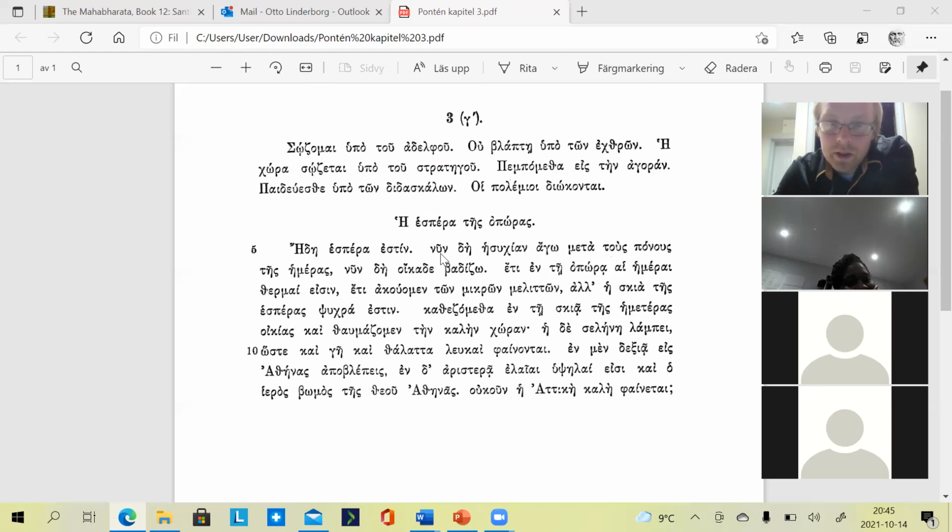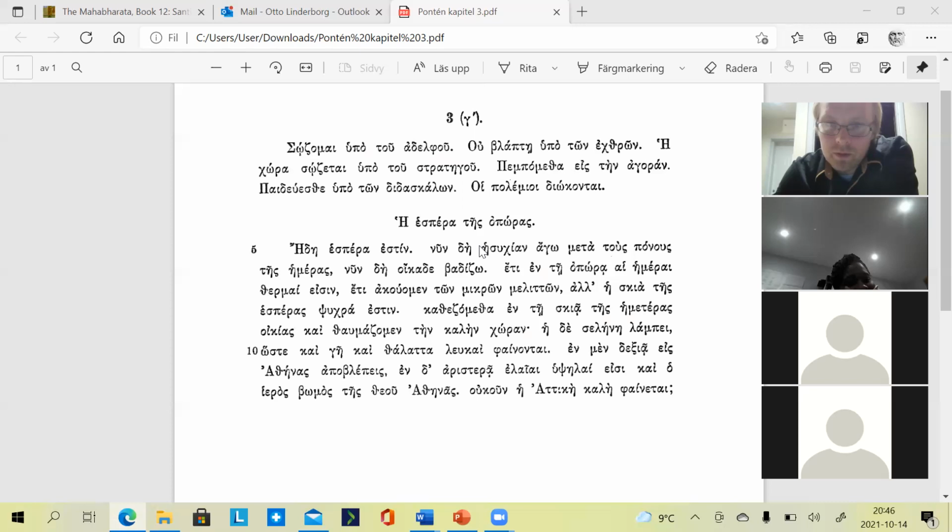Then we have a longer sentence. Nyn de hesychian ago meta tous ponous tes hemeras. Nyn oikade badizo. Any suggestions here? This sentence is difficult, yes. Because I think this whole expression hesychian ago, I should have added it to the glossary.